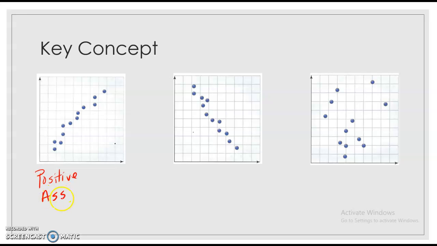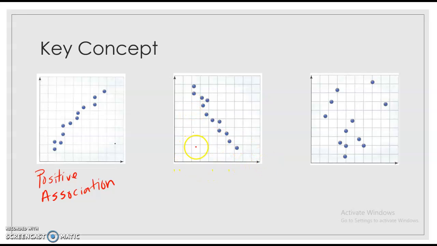I have to remind myself to say association because that's what Math Excel uses. But just FYI, they mean the same, association, correlation. So again, as x increases and y increases, we end up with a positive association.